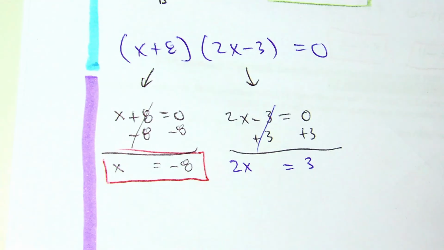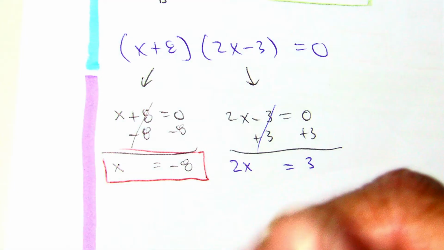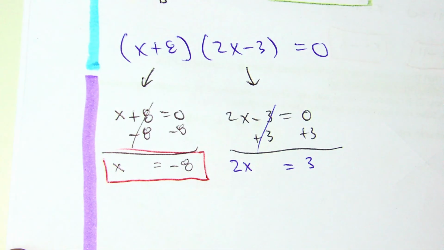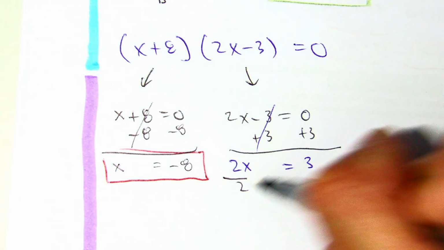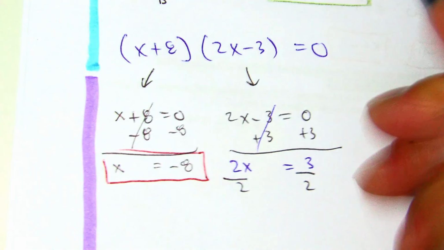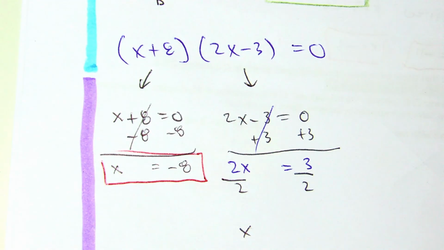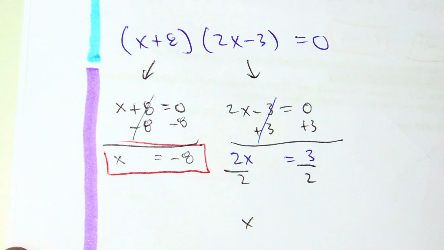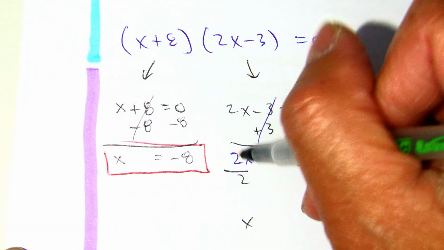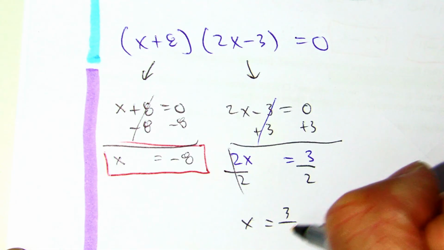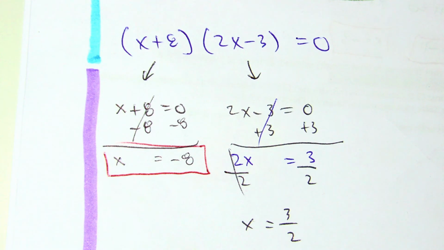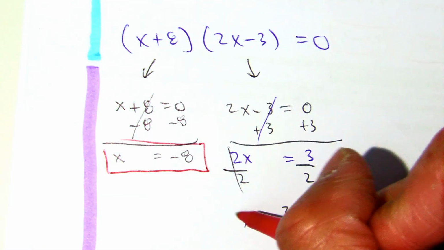And how do you get rid of the 2, Fernando? Should we subtract or divide? X is equal to what number? You can do it. Correct. Raise your hand if you got 3/2. You can keep it as x equals 1.5, that is fine, as long as you know it's between 1 and 2.